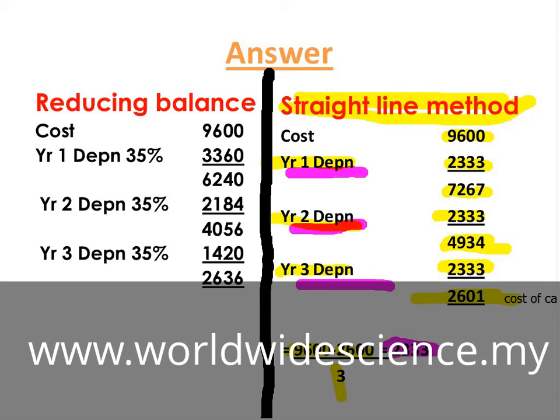And at the end of year number 3, the cost of the car after 3 years of usage would be $2,601, as explained in today's slides. And this is already after depreciation. So do you understand? This is the straight line method.